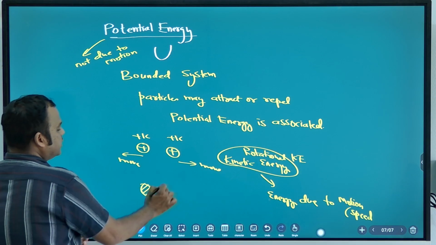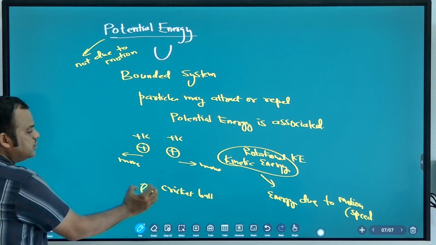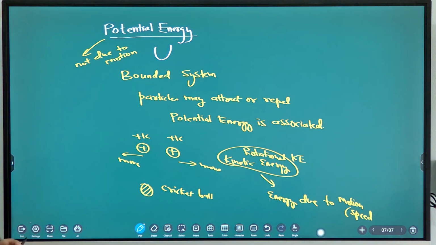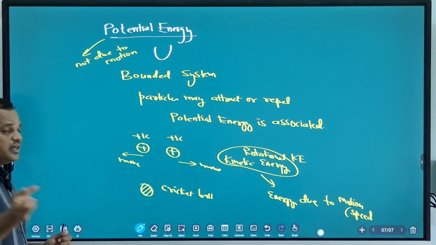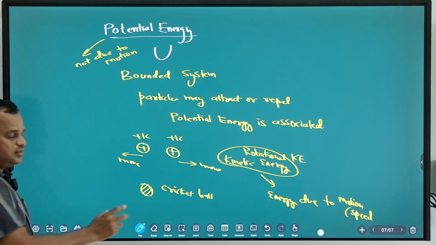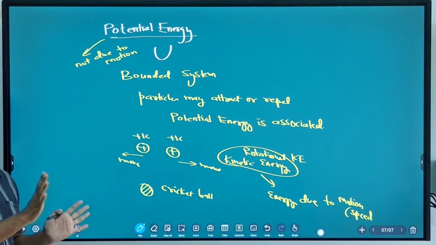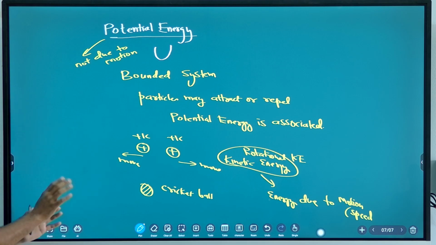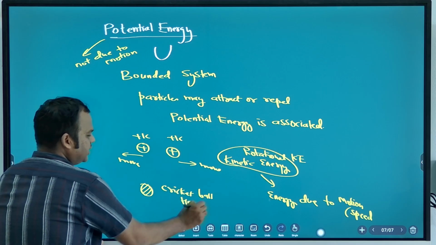I come to you and give it to you; you will take it, correct or not? But suppose I throw the cricket ball with very high speed. Will you take it? No, you will hide somewhere, correct or not? Because it is very heavy, and you don't want injury.